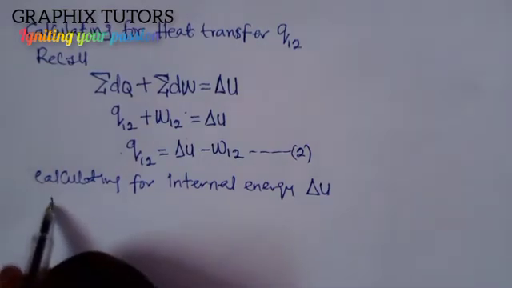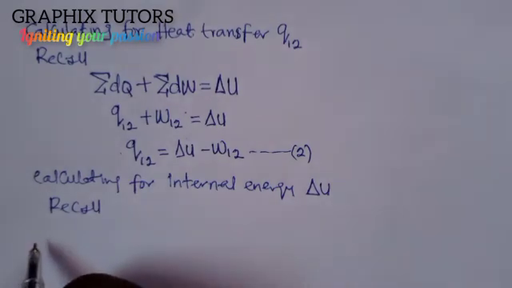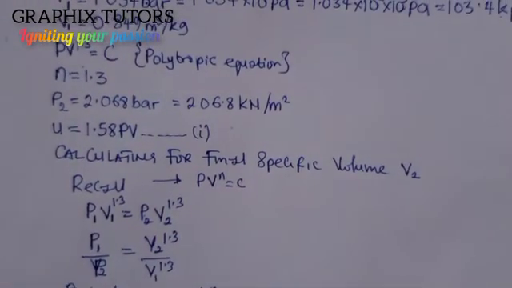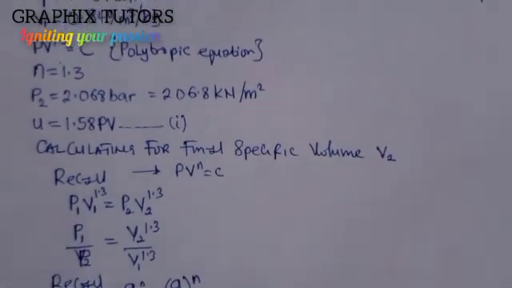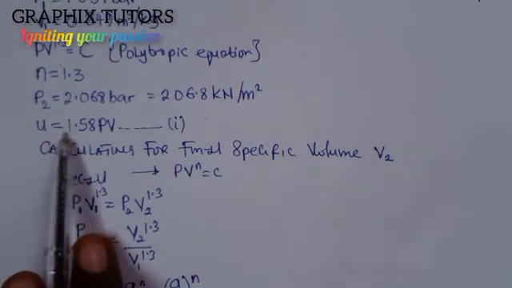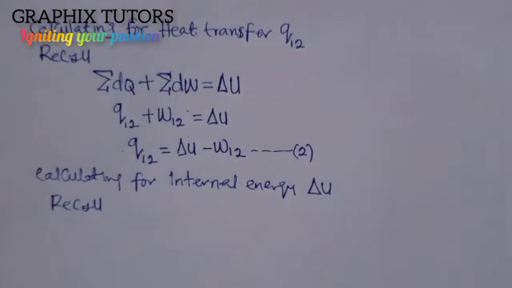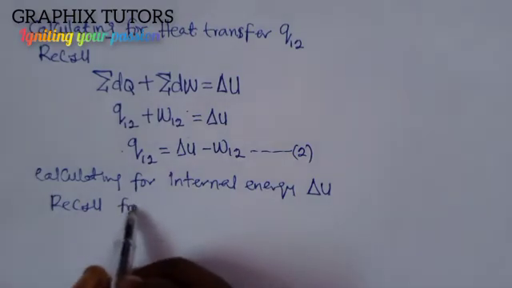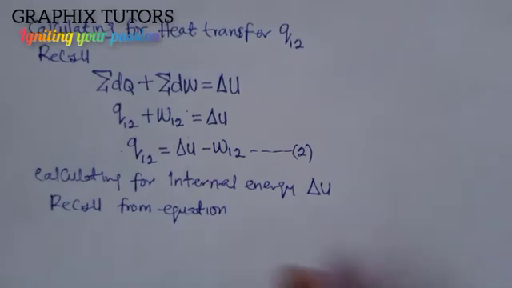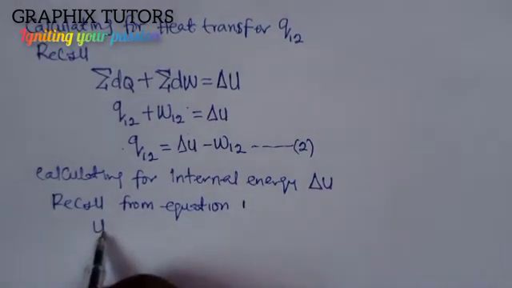Now recall, there's a relationship from the beginning of the question, in the parameters, which we call equation 1. We have a relationship that says internal energy is equal to 1.58 times pressure times volume. So from equation 1, we say that U is equal to what?